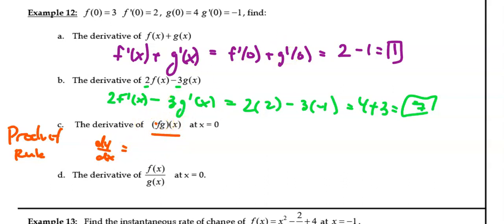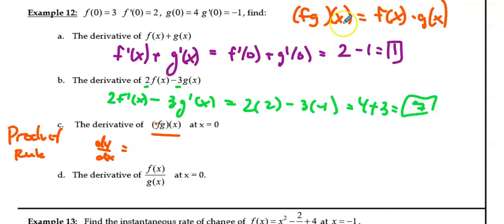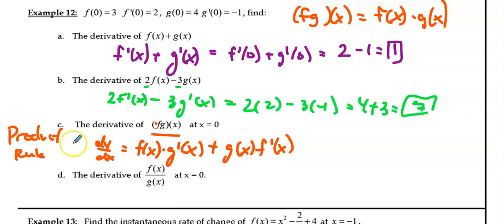By the way, I know you guys know this, but f of x times x is just the same thing as f of x times g of x. So it's going to be the first times the derivative of the second plus the second times the derivative of the first. Again, remember, product rule plus.